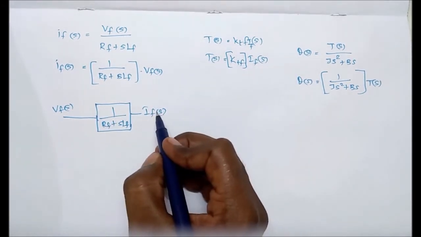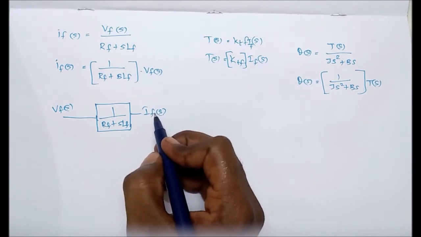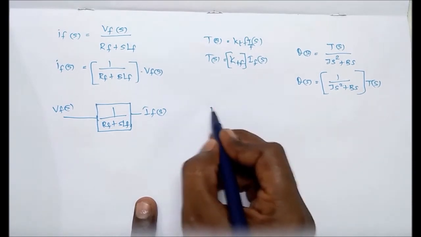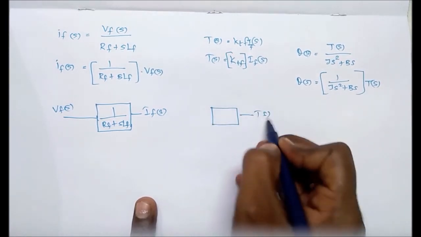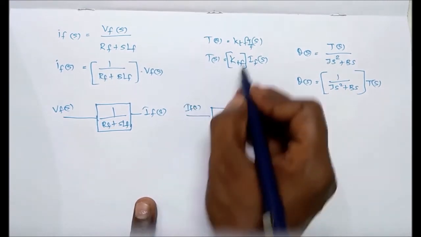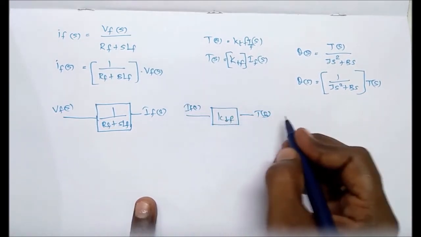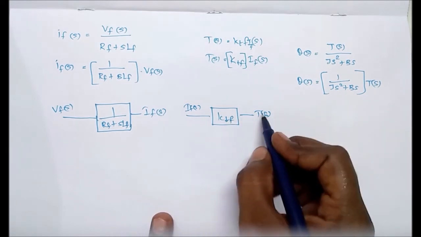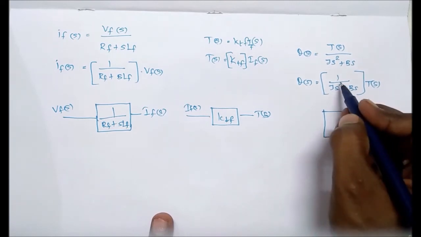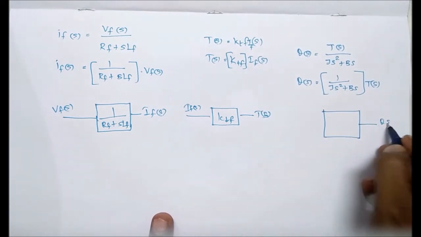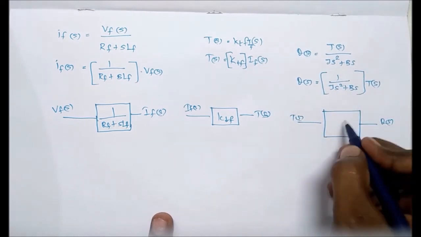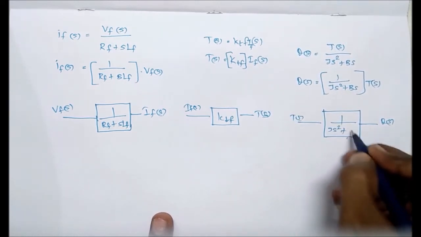If this is the output of the first block, then for the next block this will be the input, and the output is T of S. Therefore T of S equals If of S into this gain KTF. This is the second block. For the third block, this will be the input and the output is theta of S. So the output theta of S equals T of S into this gain, 1 by J s square plus Bs.